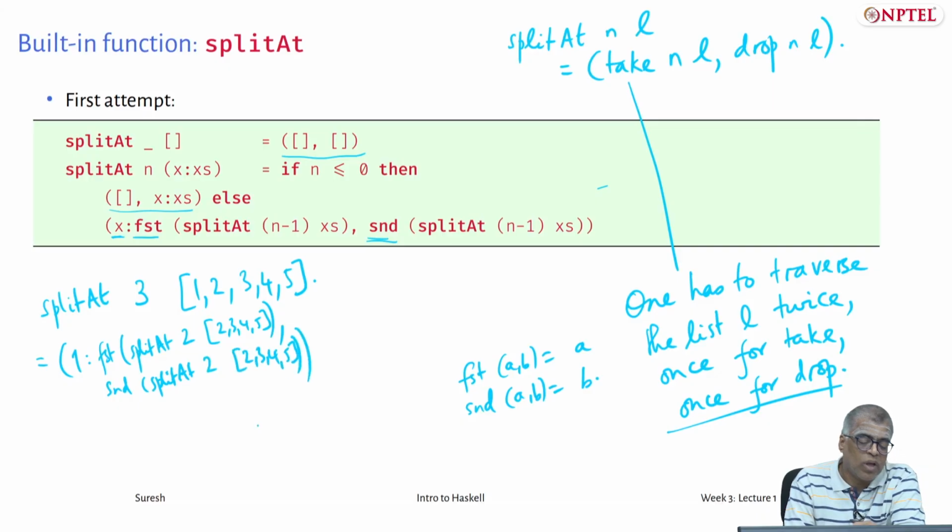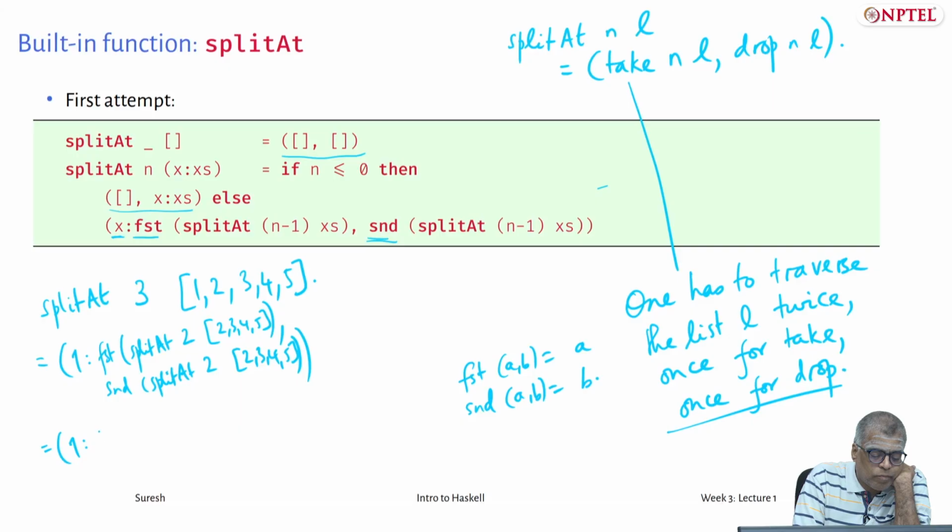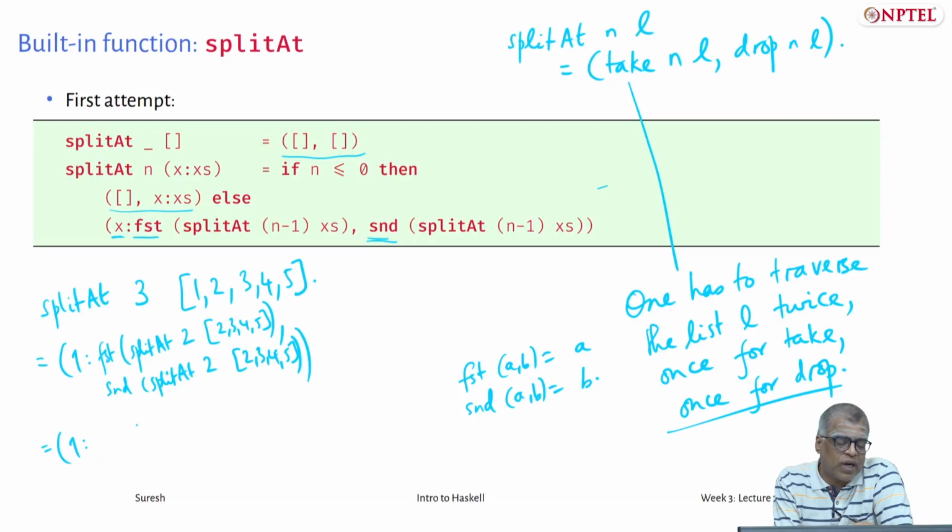Now split at 2 of 2, 3, 4, 5 is itself a list. So suppose you have computed split at 2 of 2, 3, 4, 5, and that will be the list.